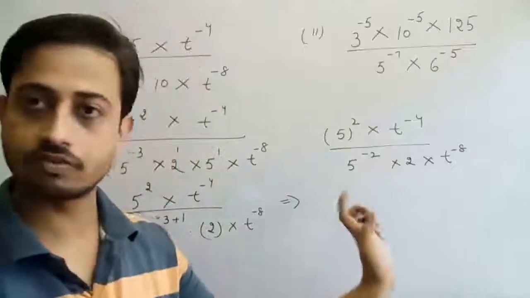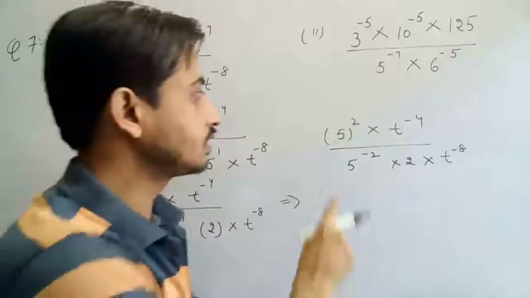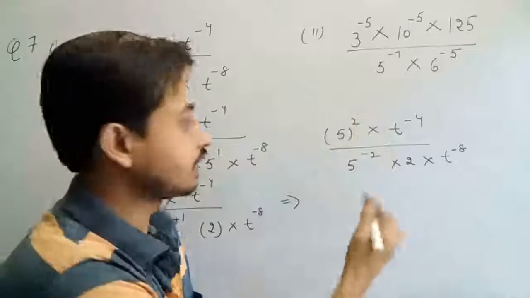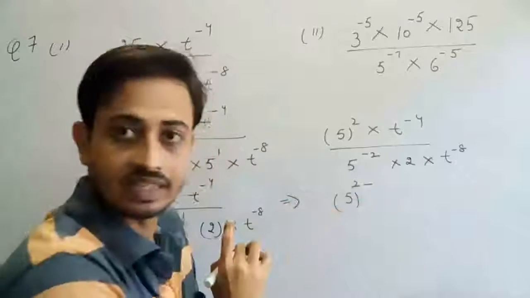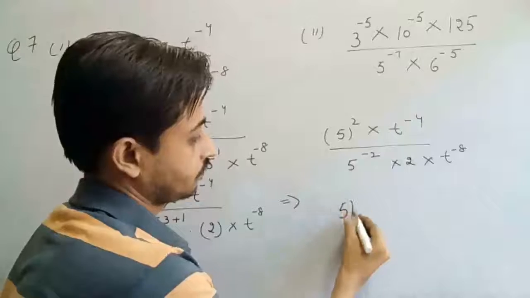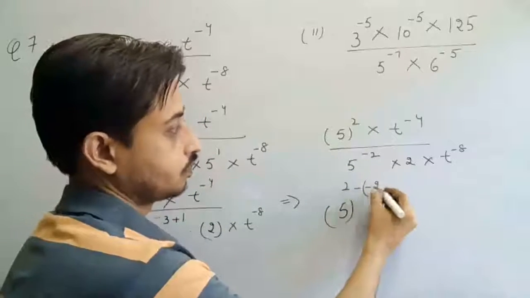Now all the terms are different. Now we have to use numerator and denominator terms. Look at this. Exponent is same, so power gets subtract. So we get 5 raised to the power 2 minus minus 2.